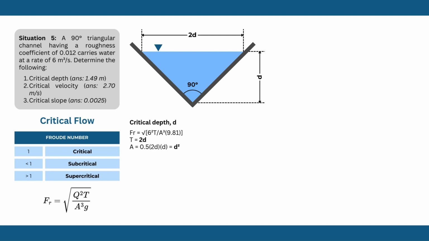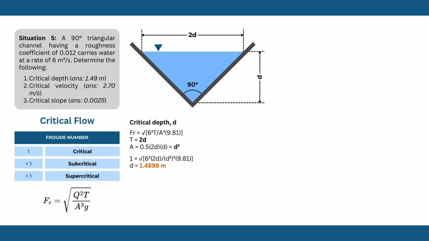Now that we have our variables in terms of D, pwede na natin siyang i-plug sa Froude number equation. Solving for the value of D, using Froude equation, dapat equal to 1 siya to get a critical value. With that, we will get a critical depth of approximately 1.5 meters.